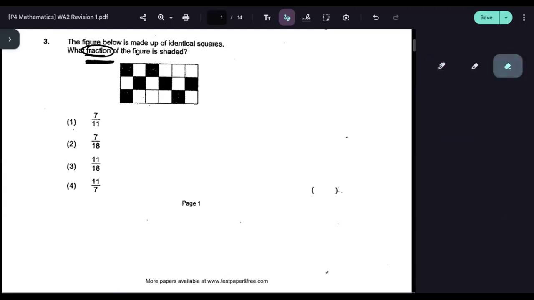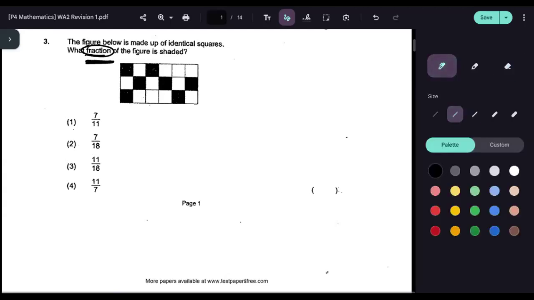Firstly, we count how many total. What's the total? We have 6, 12, 18. So we know it's something over 18. Because we have something over 18, we can already know that 1 and 4 are out.